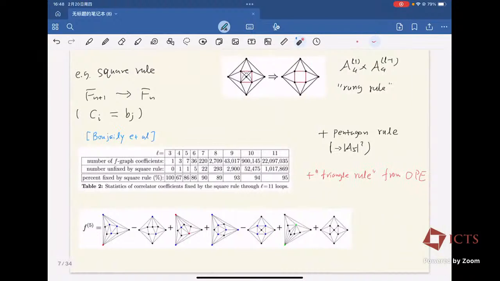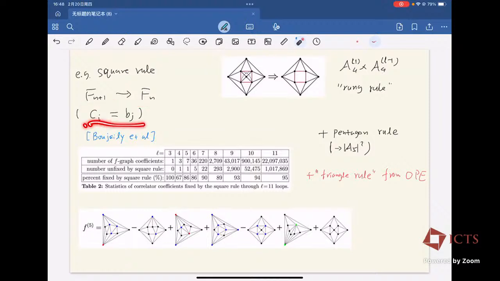For example, there's the so-called square rule that's very similar to the amplitude rung rule, which says that if you have this structure of a square, and another loop point inside it with this structure, like a pyramid structure, then if you remove this point, you should connect your n plus 1 point graph to the n point graph.